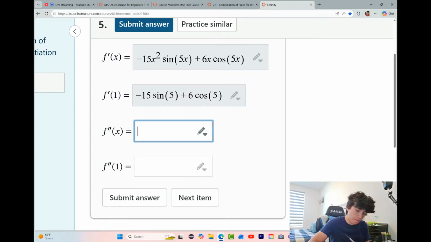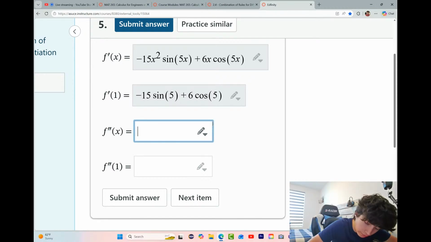Let's do the derivative of sine of x, and then wait, oh my goodness, no, sorry, we have cosine of 5x. That's important. We can't factor.